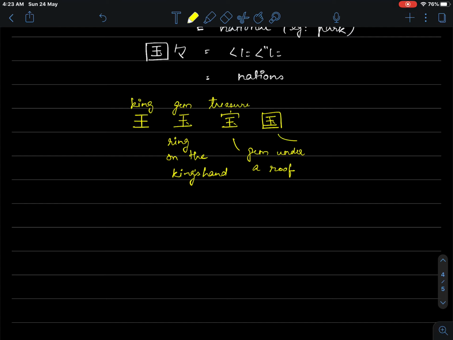Okay, only this one you're going to think of it as enclosure around a king, or okay, let's not remember the enclosure word, let's try to think of it as territory, king's territory, and it means country. Okay, pretty simple. So the mnemonic is going to help you out to try and remember the distinction of these kanjis.